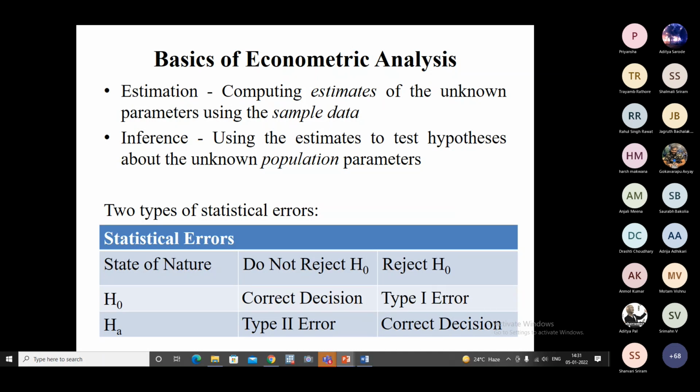Just let me give an example. A particular statistic may be significant at 10%, but it may not be statistically significant at 5%.